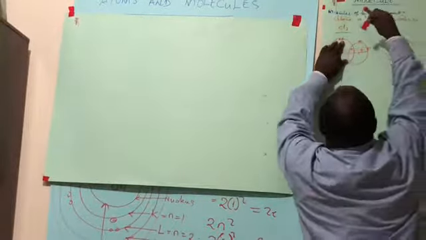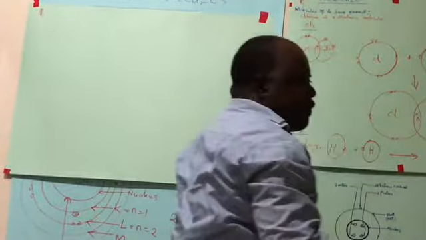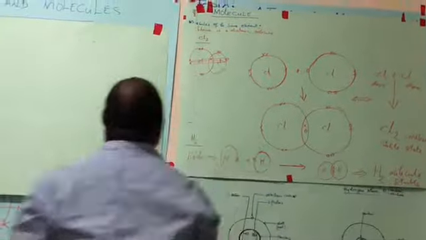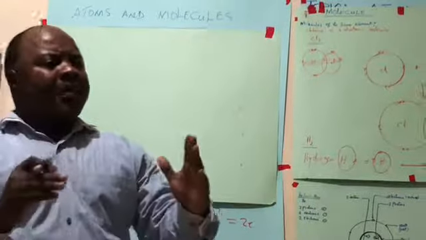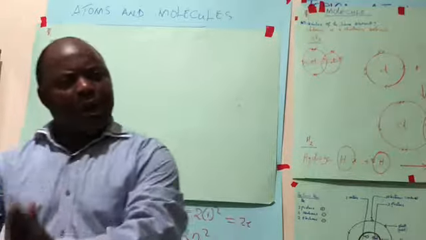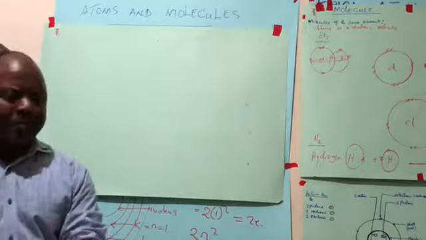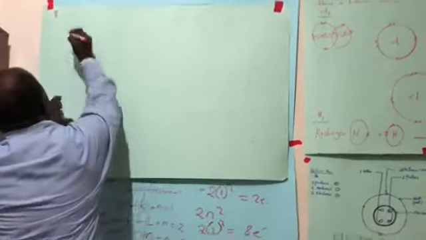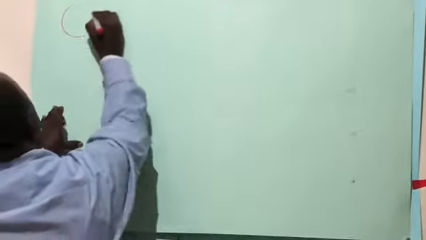Atoms of the same element can come together and form what we call a molecule. Atoms of different elements can come together and form what we call a molecule. Therefore, in this case, take for example chlorine. This is a chlorine atom, which is here.